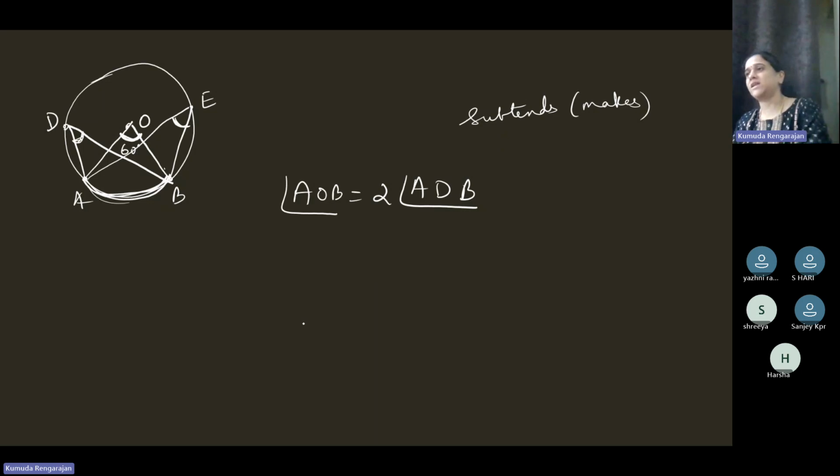We're talking about that one arc AB, right? AOB is equal to twice angle ADB. If an arc makes an angle at the center, that angle is double the angle made by the same arc at a different point on the circumference of the circle.